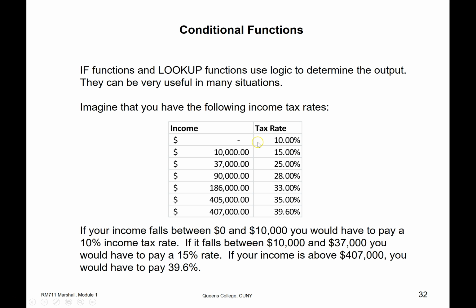Imagine. If your income is between $10,000 and $37,000, you'd pay 15%. If it's between $37,000 and $90,000, you'd pay 25%. And so on. So that if your income is above $407,000, you'd pay 39.6%.